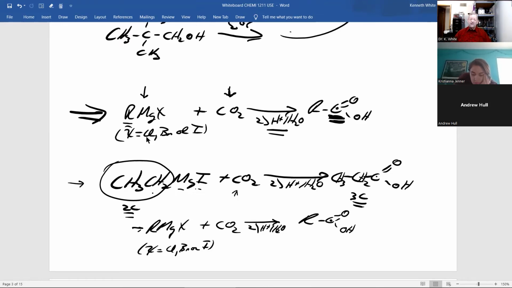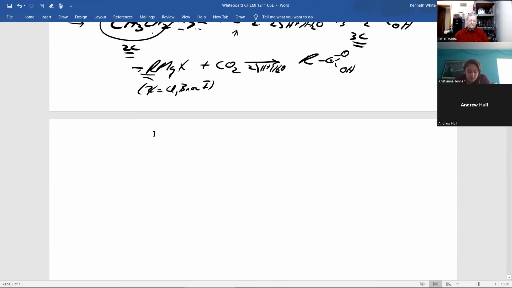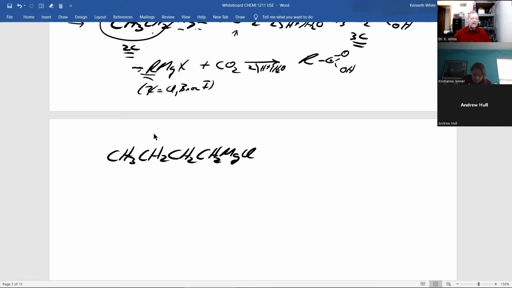You make a carboxylic acid that's 1 carbon longer than the R group you start with. Now the carbon with the Grignard will be the carbon that the carbonyl from the carboxylic acid will be bonded to.